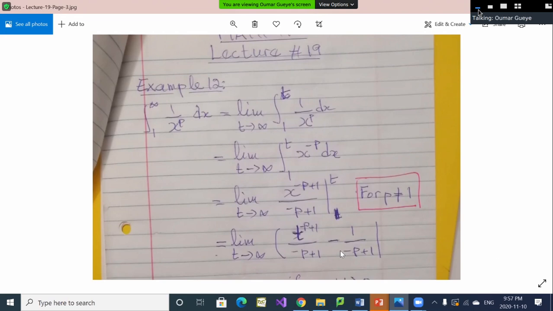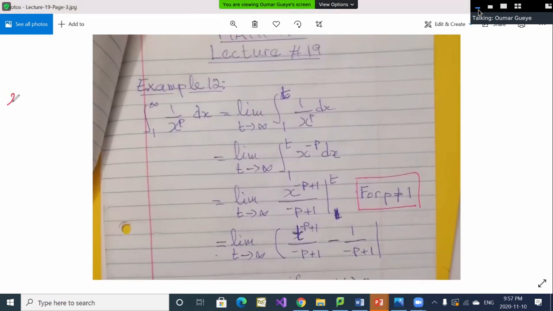All right. To calculate this limit, we have to take into account the exponent, because depending on the sign of this exponent, the result will be different. Okay, I'm just going to give you quickly an example.